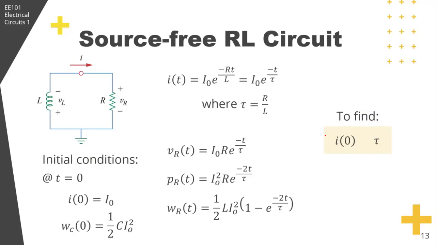Ganina sa source free RC kay V sub 0. Karon para kay source free RL si I sub 0 inyong pangitaon, then the same tau. Galing lang ang tau diri is R over L. Okay, but still ang process pare-pareho rin yapon. So ang pag-analyze po ninyo sa circuit, pare-pareho rin yapon atong ganina.